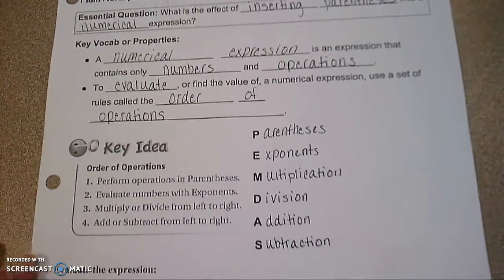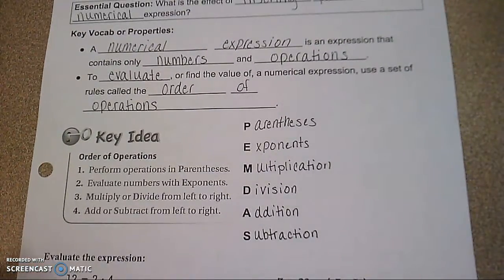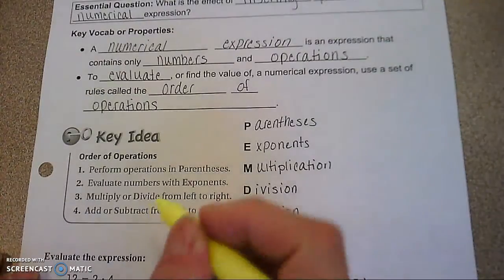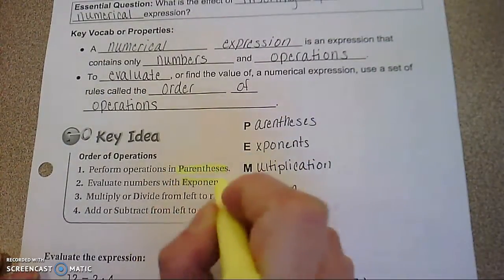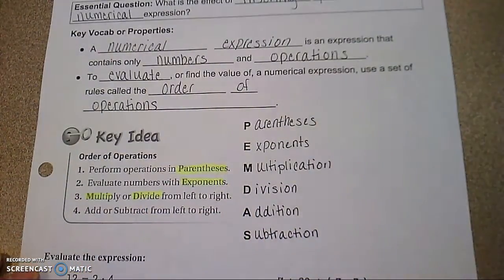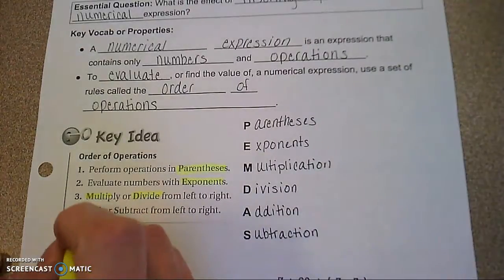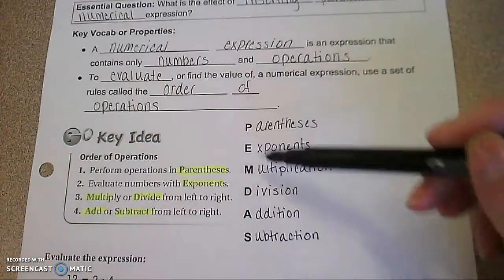So, in the order of operations, we start with parentheses. Okay, so that's our first step. Then we evaluate the numbers that have exponents. We multiply or divide from left to right, and then we add or subtract from left to right. So I like to create a little visual. A lot of you have probably seen this, PEMDAS.